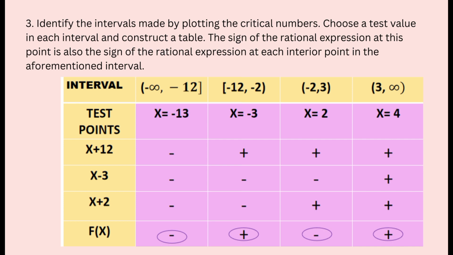So positive times negative is equal to negative, and negative times negative is equal to positive. The third interval is positive times negative is equal to negative, and negative times positive is negative. Next, the last interval. So, positive times positive is positive, and positive times positive is positive.